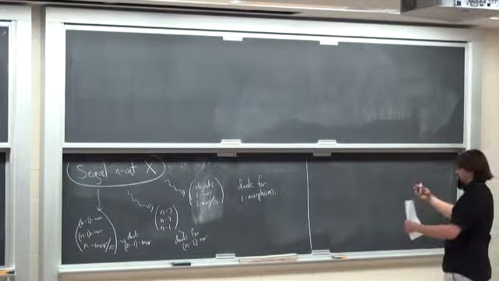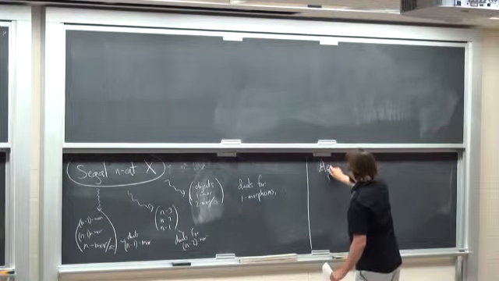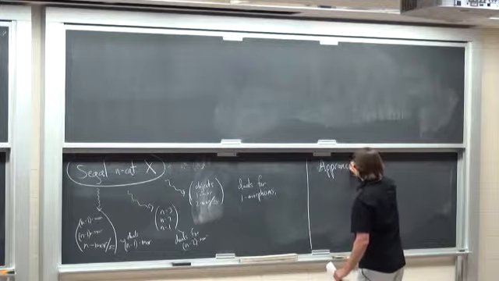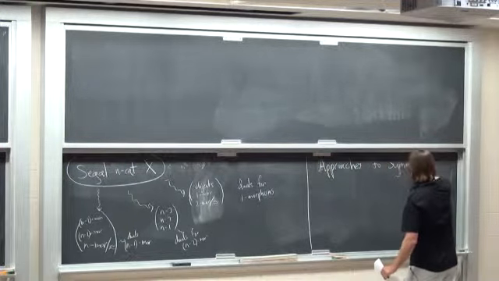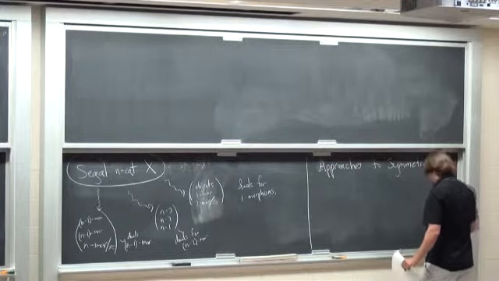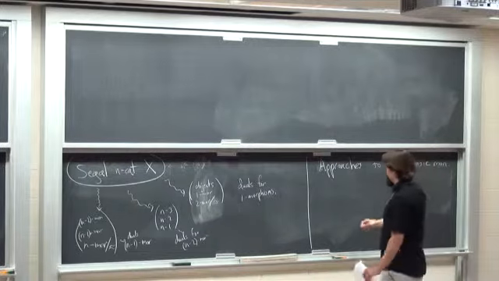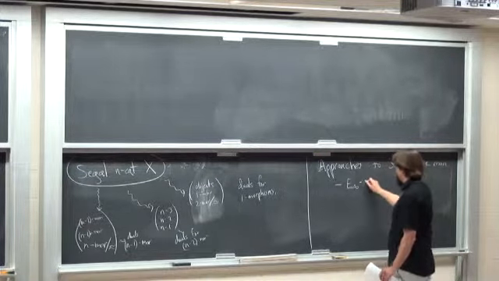Then I can ask about algebras for an operad. So one approach to symmetric monoidal n categories would be to say that they're algebras for an infinity operad.